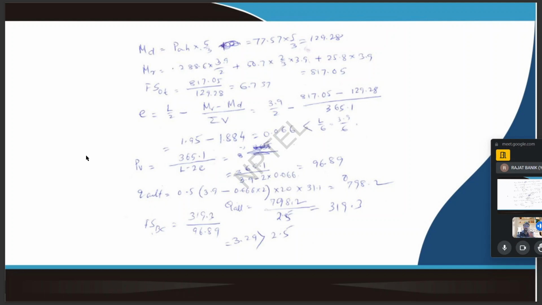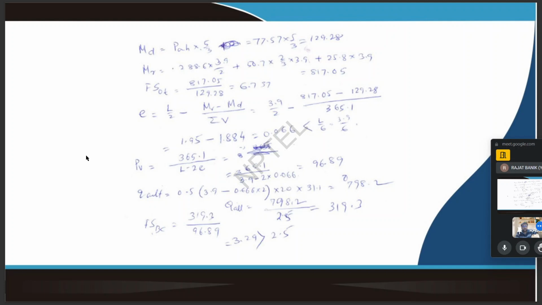For this, first we find out the bearing capacity at the base. We use the Terzaghi bearing capacity formula, which is half gamma B N gamma. Here N gamma is given as 31.1.